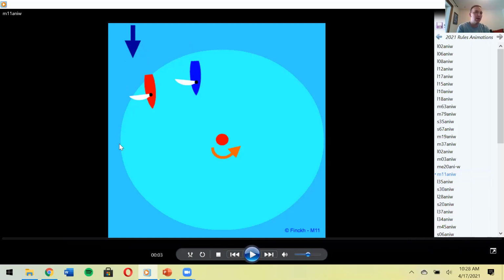So technically, red has right of way over blue, except for the mark room. So blue has room to sail to the mark and around. It has mark room, but that's the extent of the room. Blue can't keep sailing downwind because that's more room than blue needed to get around the mark. So red can still force blue to sail close to the mark.